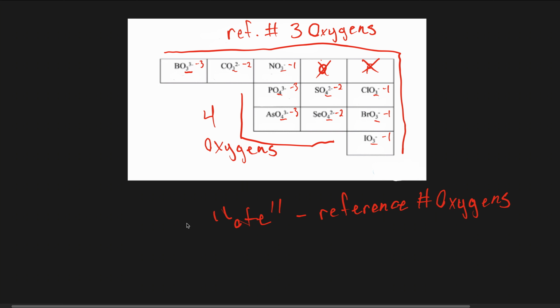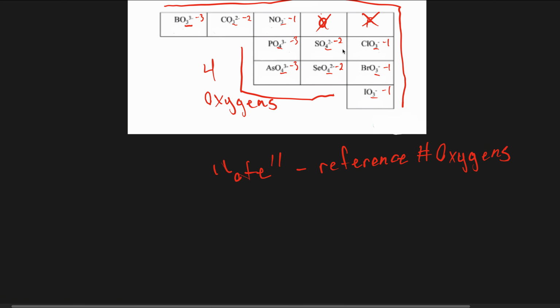What do I mean by this? For example, let's take chlorine. Chlorine has a reference number of 3 oxygens for its base form. That becomes ClO3. The reference number tells us that it's going to end with the suffix -ate. So chlorine simply becomes chlorate.